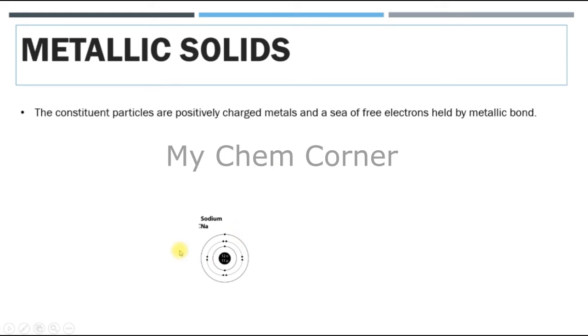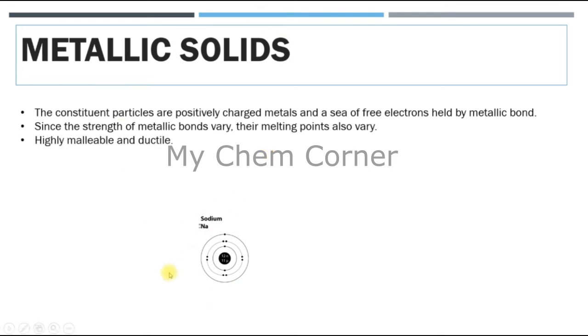Metals have a tendency to lose electrons, so obviously those electrons are free. And these electrons are held by metallic bond. Since the strength of metallic bonds will vary, it depends on the property of each metal. The metallic bonding is also going to vary in strength. Based on the strength of the metallic bonding, their melting points are also going to vary.